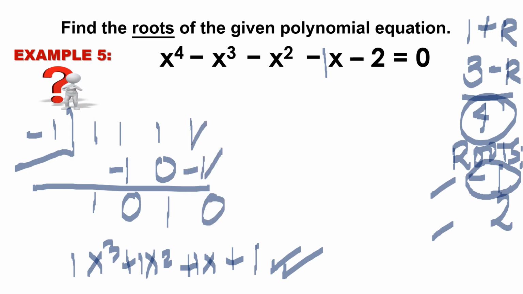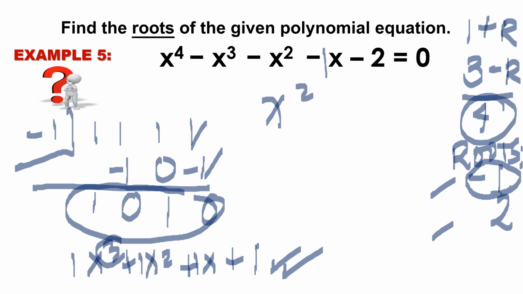So 0. So -1 is really a root. Now, let's make this the depressed equation again. This will become x squared, so 1x squared plus 0x plus 1.